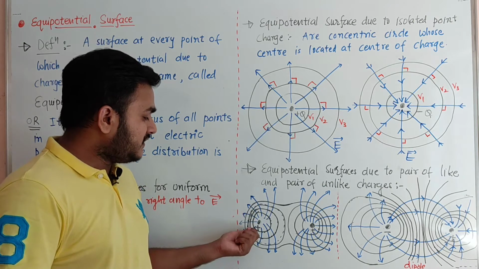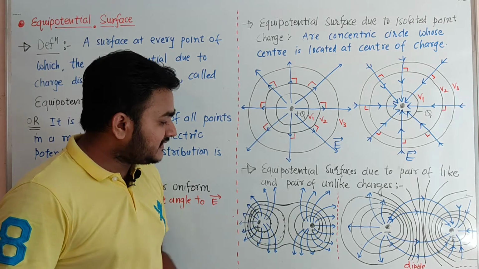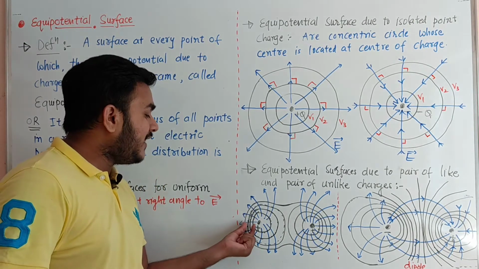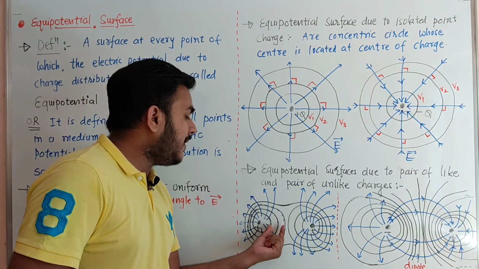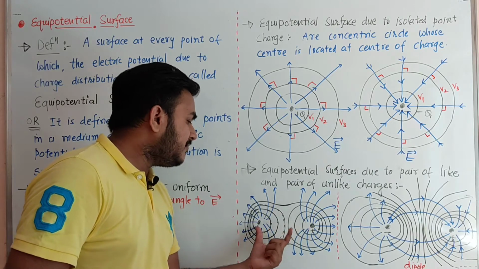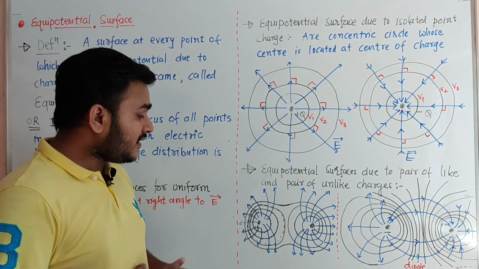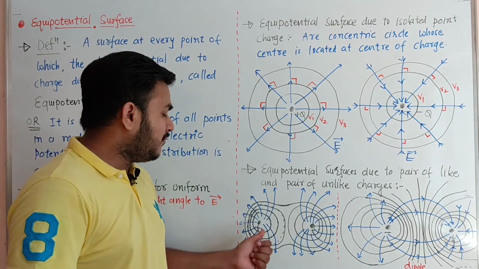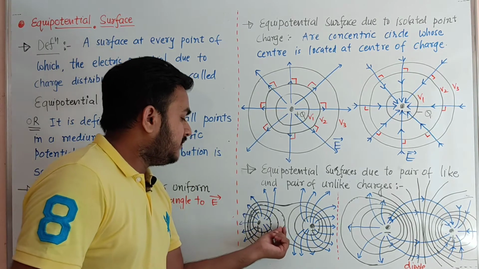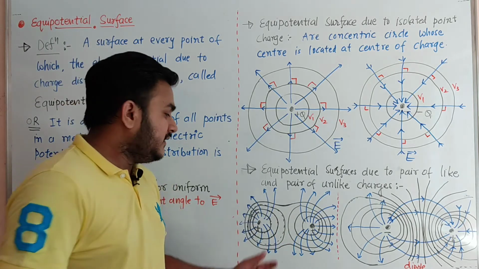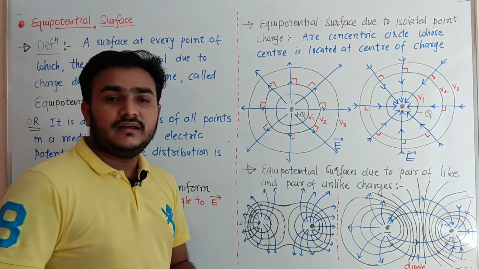The equipotential surfaces are drawn as you can see in the figure, and they are quite close in this region and quite far apart in the region between the two charges. The reason is obvious: both charges are repelling each other. That's why in the region between the two charges the equipotential surfaces are further apart.